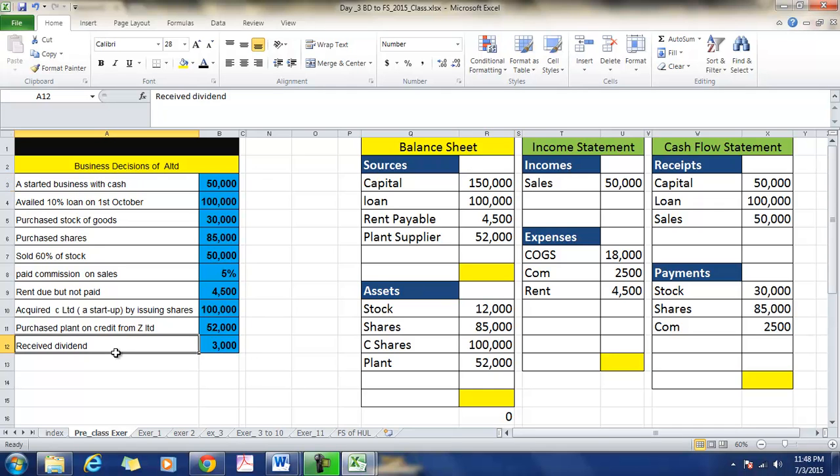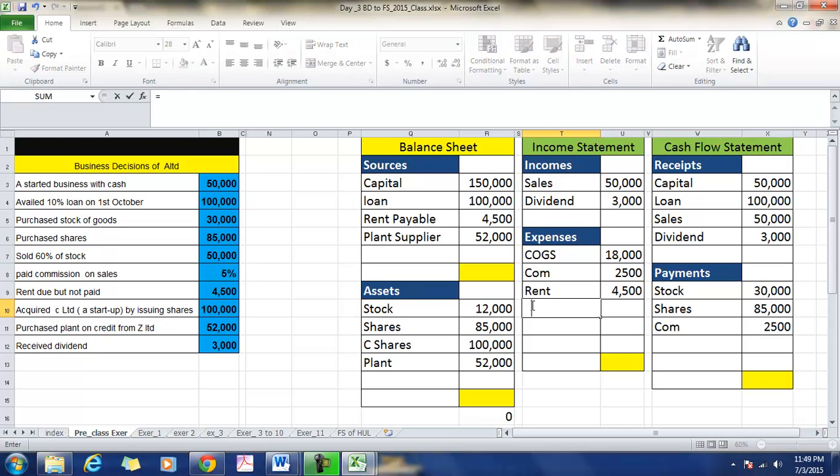Then the dividend received is an income and also a cash inflow. So the entire dividend is shown in the cash flow statement as a receipt, and is shown as an income, the received dividend, because we have invested in the shares of a company.